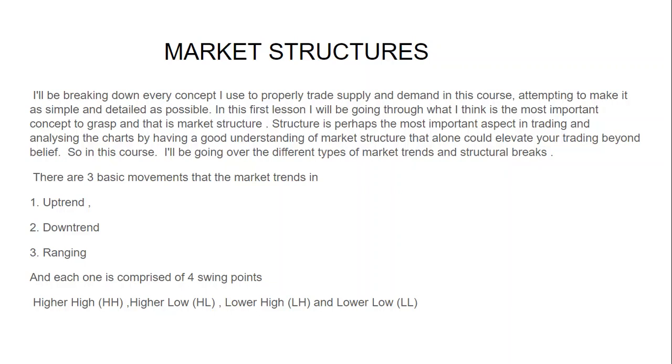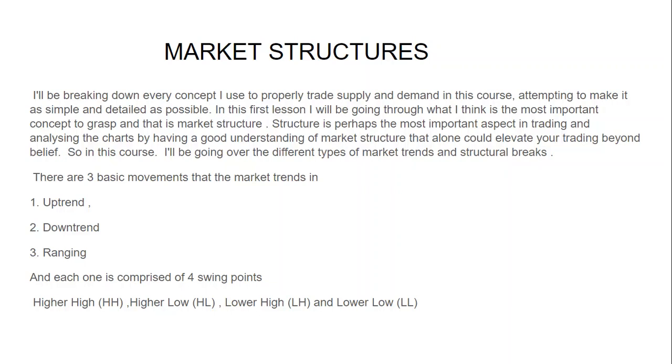All right. So in any market, we have these 3 types of trends. Mention the markets you know about: stocks, metals, currency market, indices, volatility. So these are the components that a market trend has. We have the first one as the uptrend, we have the downtrend, and also we have the ranging.